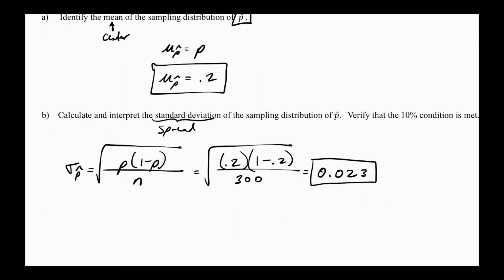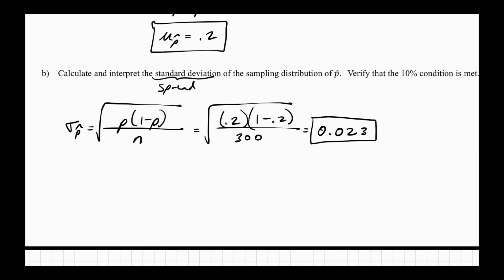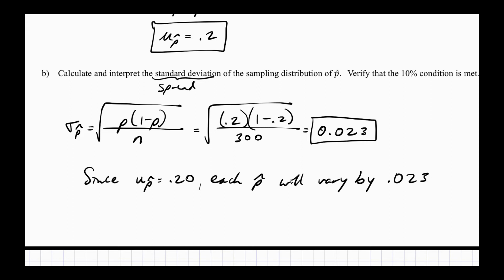So we would say, since the mean, the average of all the p hats, is 0.2, each p hat will vary by 0.023.